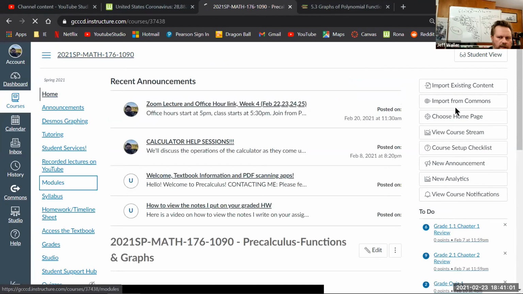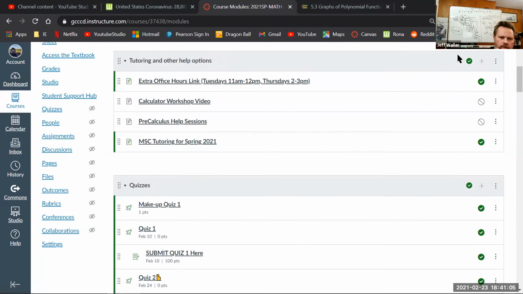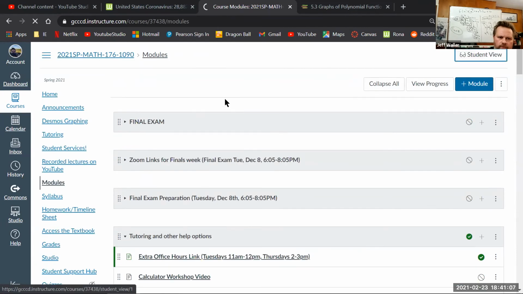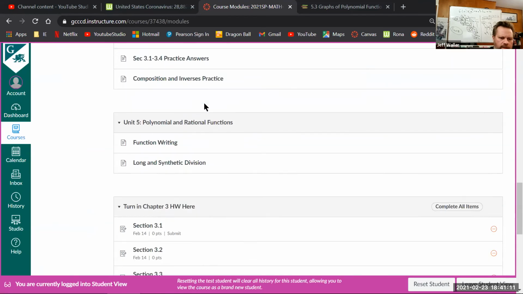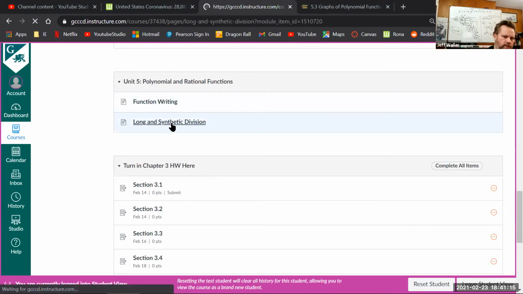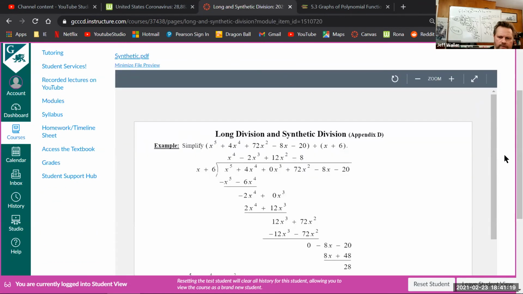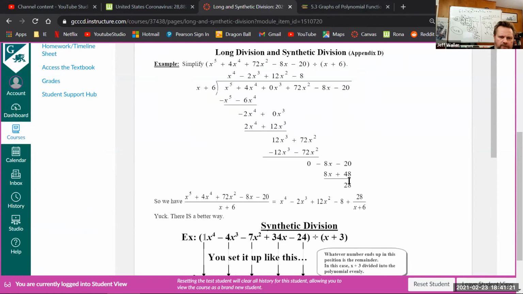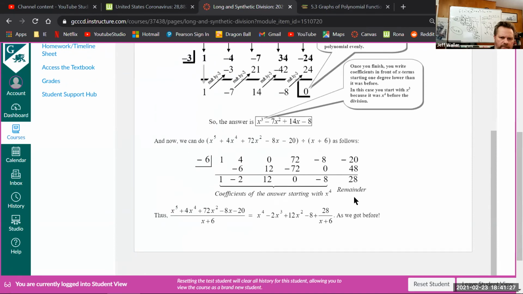So if you go to your modules, let me become a student so it looks the same. All right. And you go down here, right underneath function writing is the long and synthetic division. And on this, I've got an example of long division. And then down here, I do that same problem again with synthetic division.